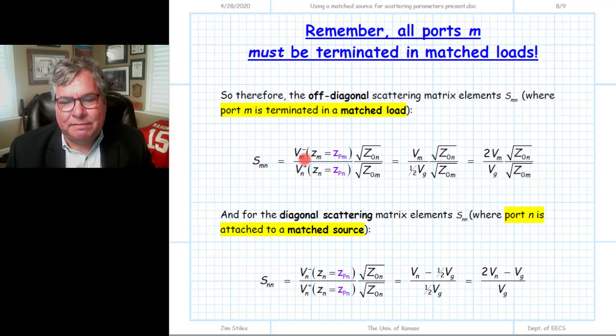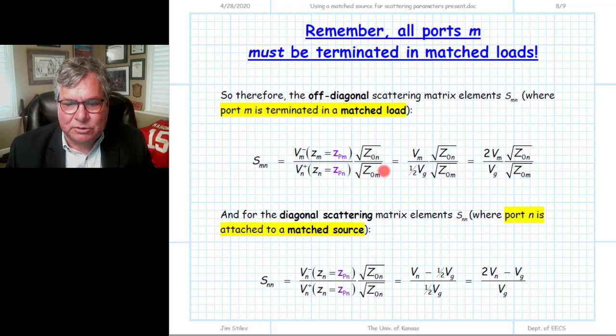Notice we have Vm minus over Vn plus. Vm is in the numerator and Vn is in the denominator. But that's opposite of what we have in the characteristic impedance here. This is Z0n, which is associated with the incident wave, and this is Z0m, which is the transmission line where we have the exiting or scattered wave at port m.